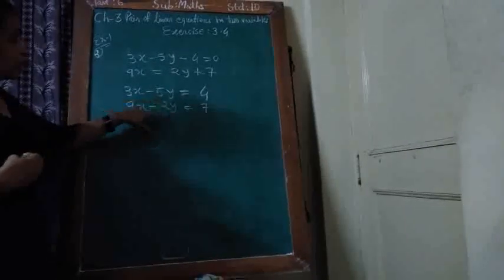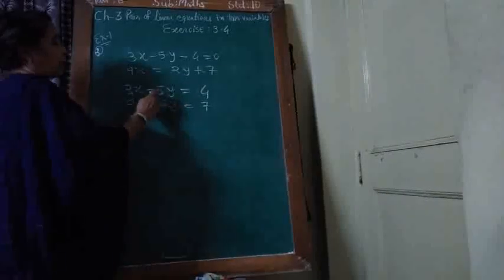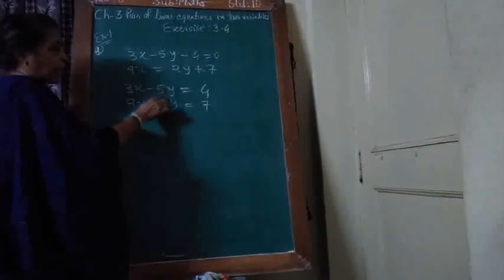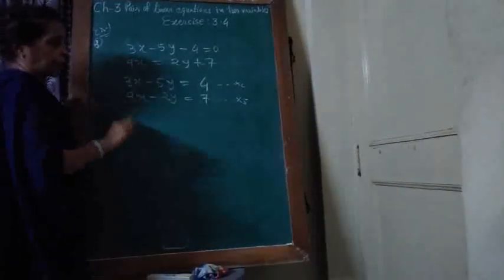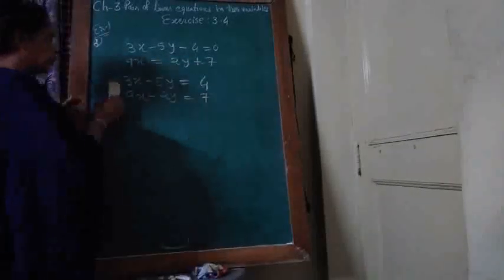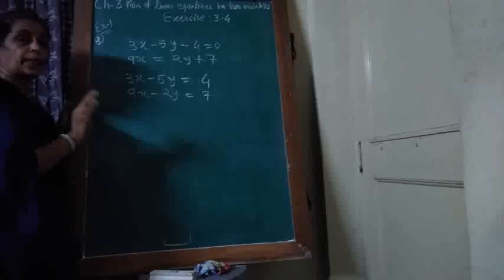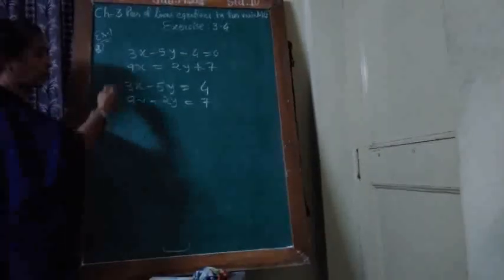And if you decide to eliminate the y term, because of 5 and 2 the LCM is 10, so you have to multiply by 2 here and by 5 here. Both equations you have to multiply and the calculation becomes tough. So it is better to eliminate x here. So see the situation and decide which variable becomes easy to cancel.